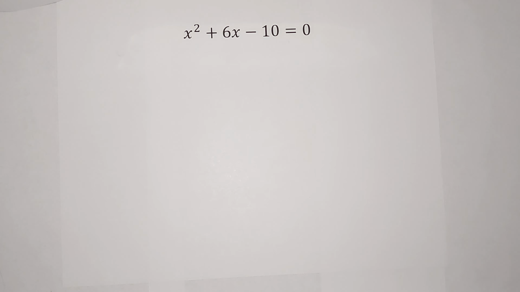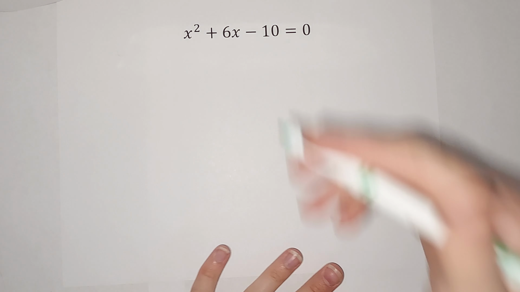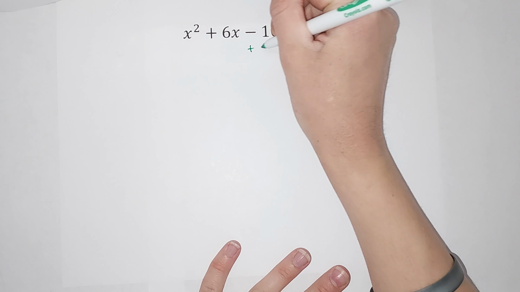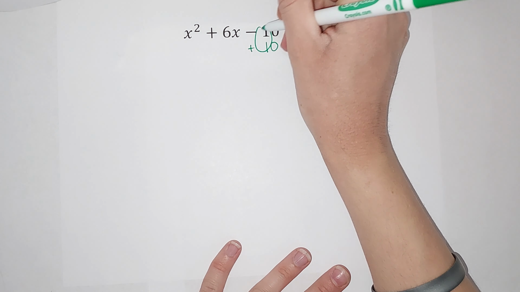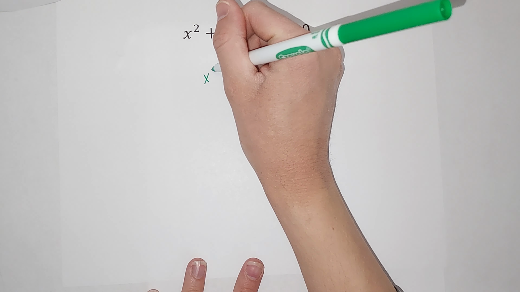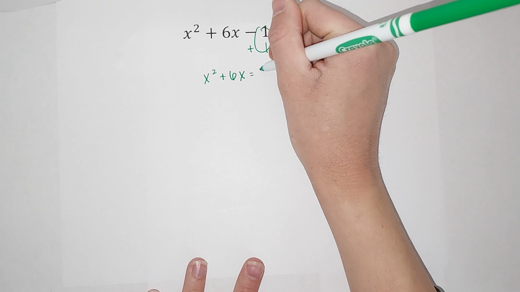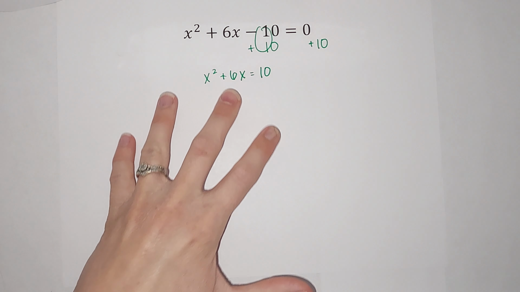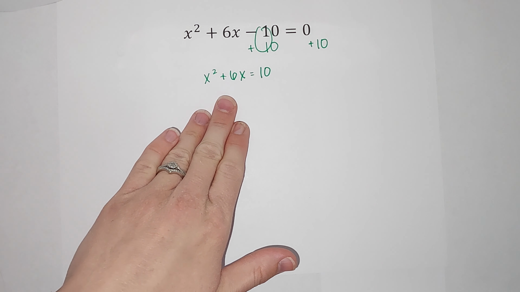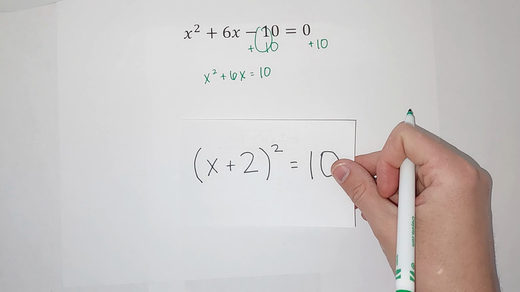So what I need to do first is get my variables alone, okay? So all I need to do for that is add 10 to both sides, right? When I do that, I'm going to end up with x squared plus 6x equals 10. From here, I need to figure out what number I need to add to this side so it factors to something squared.